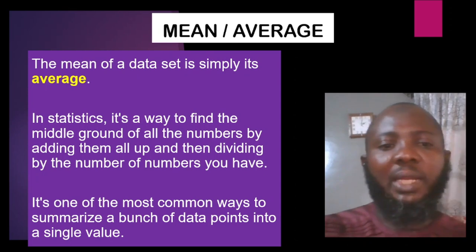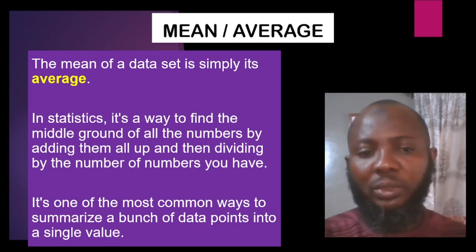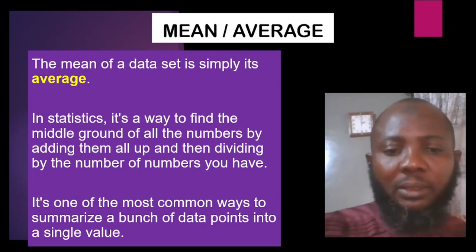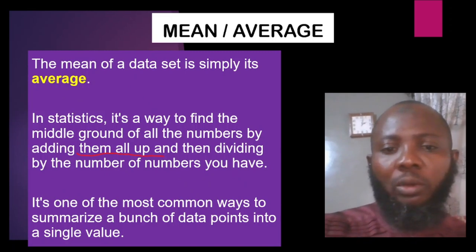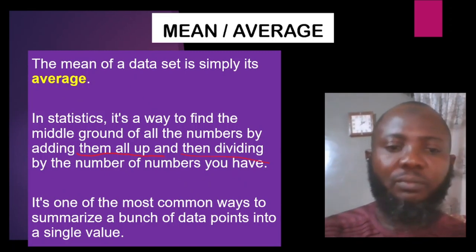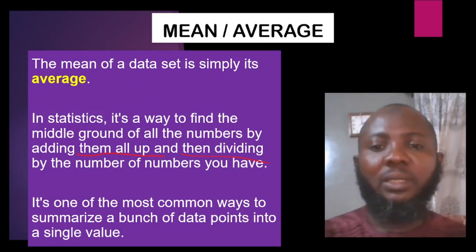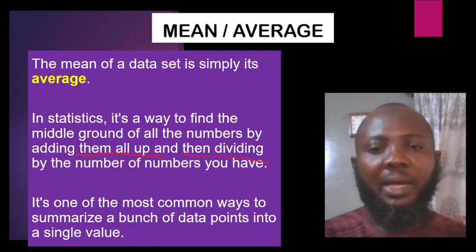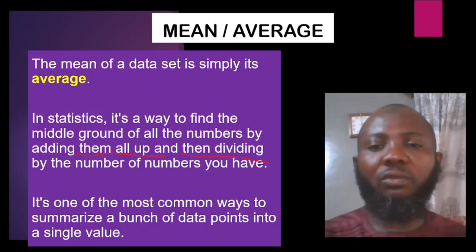That is why we said that in statistics it's a way to find the middle ground of all numbers by adding them all and then dividing them by the number of numbers you have there. So it's one of the most common ways to summarize a bunch of data points into a single value.